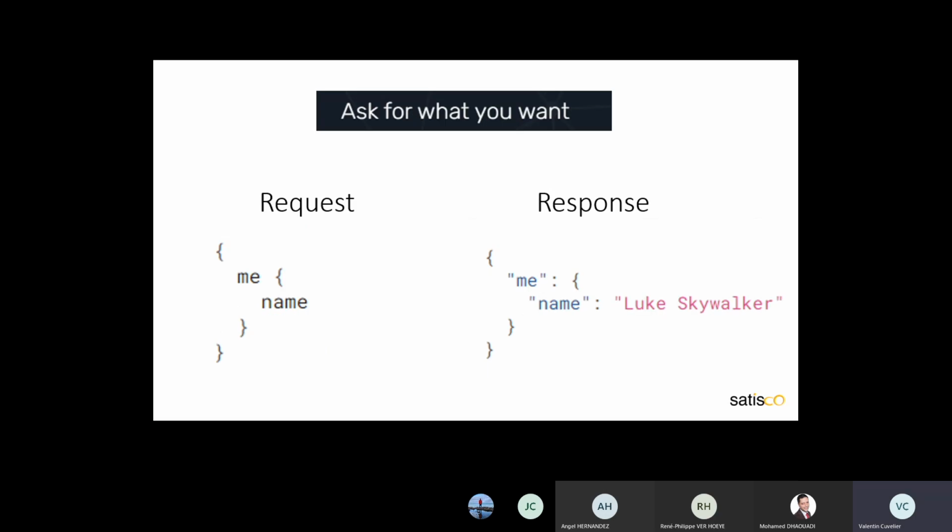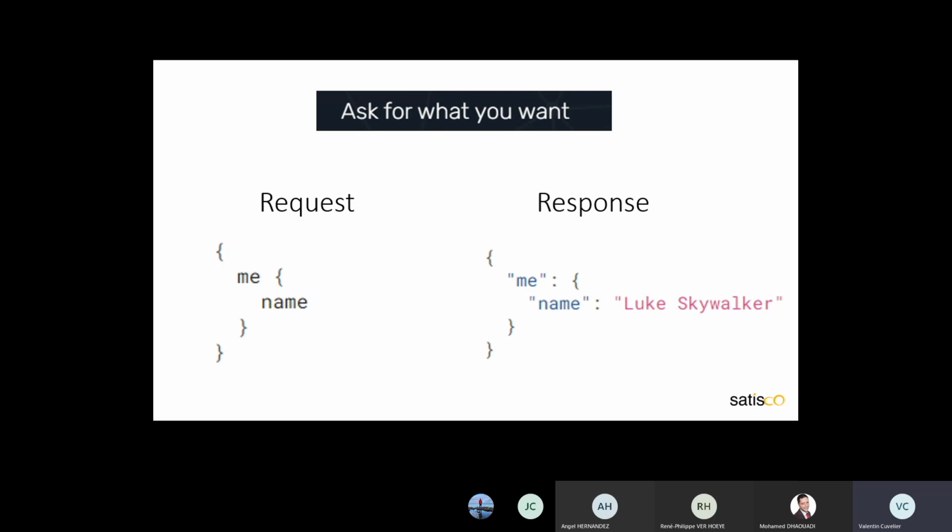So on the client side, we can ask what we want, but only what is defined in the model. So you have a GraphQL runtime on the server side. Generally, it is a URL on a web service.